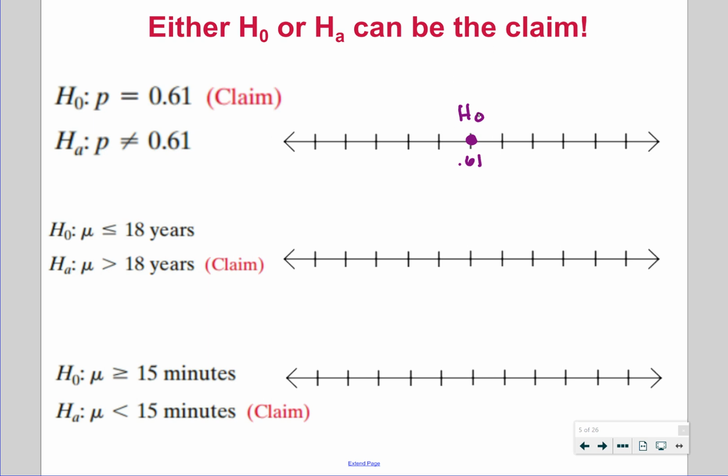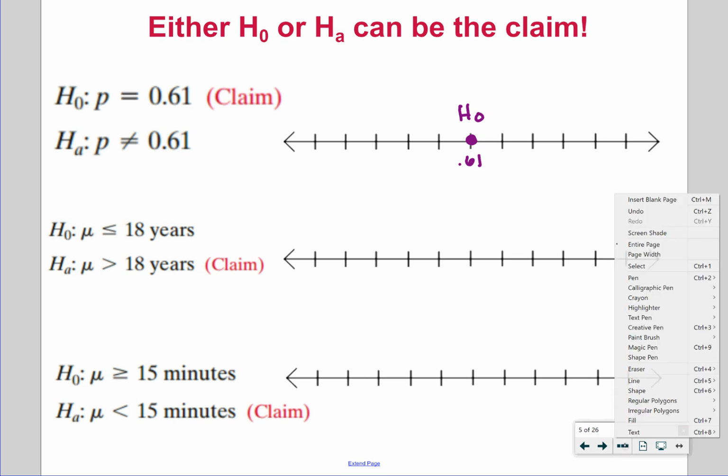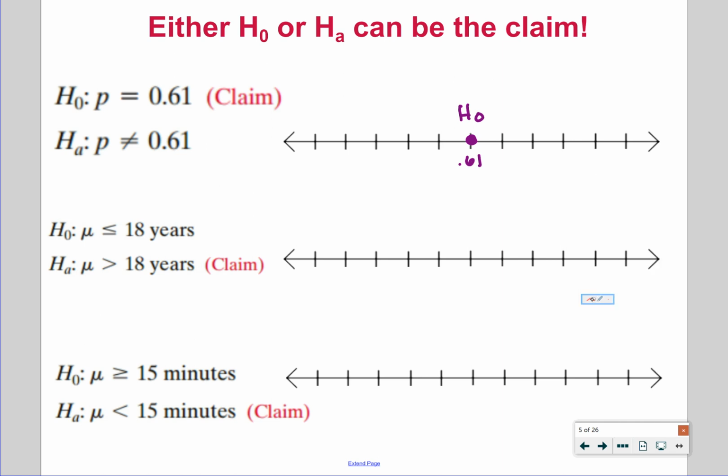My alternative hypothesis is everything else on that number line. It's the complement. So the alternative hypothesis would be everything above 0.61 and everything below 0.61. So that's what not equal to 0.61 would look like, everything else on that number line.